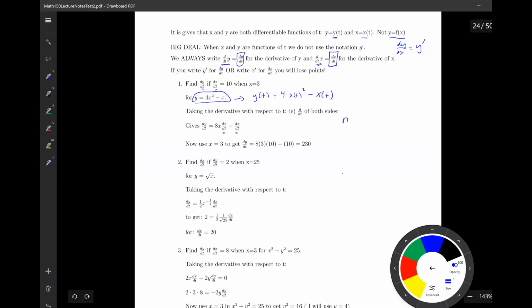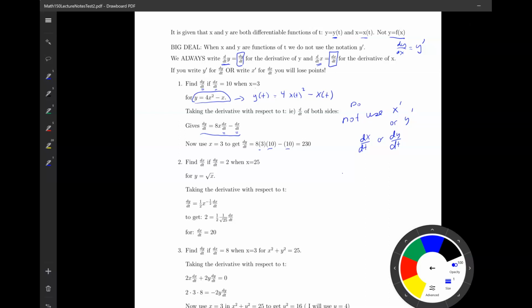Again, you do not use x prime or y prime when you're talking about dx over dt or dy over dt. It's an illegal move, so it doesn't work. So now I take this and I use x equals 3 for the x, and I use dx over dt equals 10, and I get my answer.